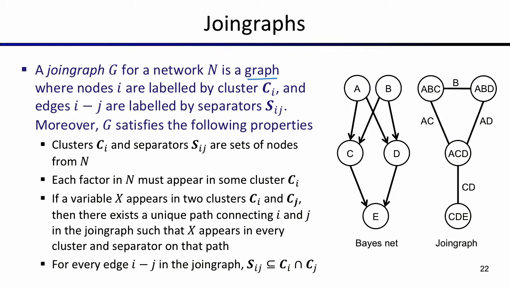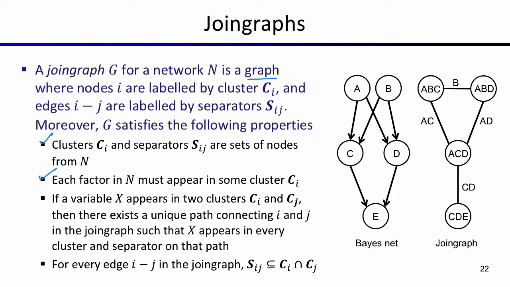Moreover, G satisfies the following properties. The first is that the clusters Ci and separators Sij are sets of nodes in the network. That is very similar to what we had before for join trees. Each factor in the network must appear in some cluster Ci. That's also very similar to join trees.